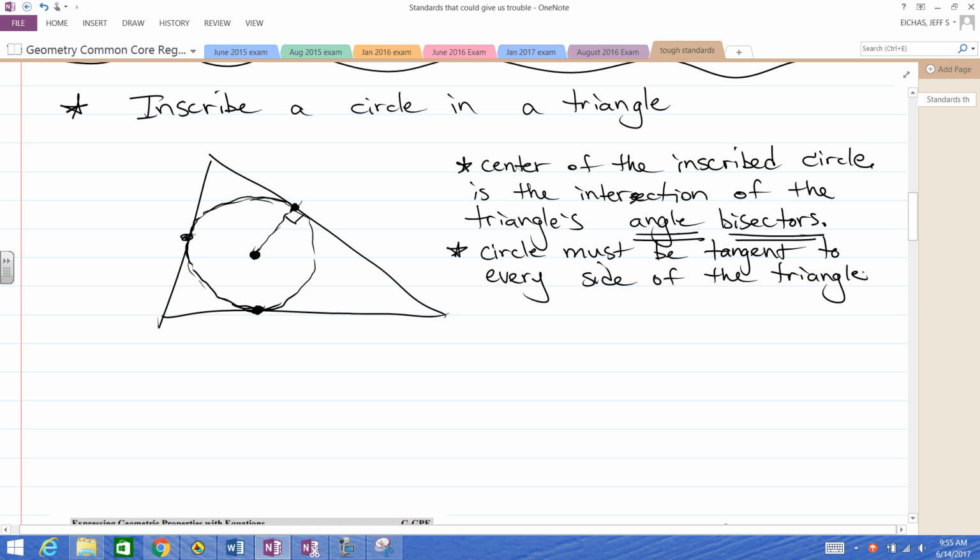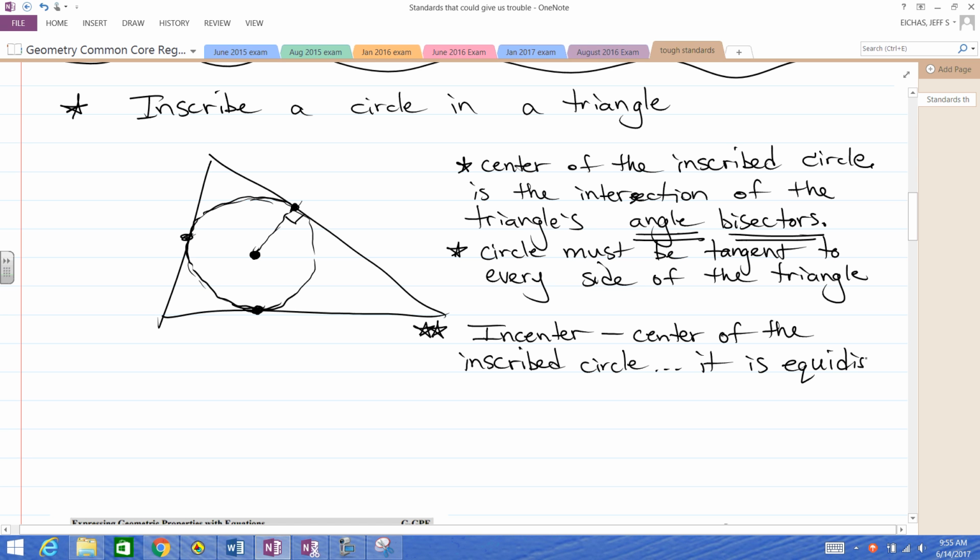Okay. Now the information you didn't know was, technically this is called the incenter. The center of the circle is the incenter, the center of the inscribed circle. And it is equidistant from every side of the circle. Okay.